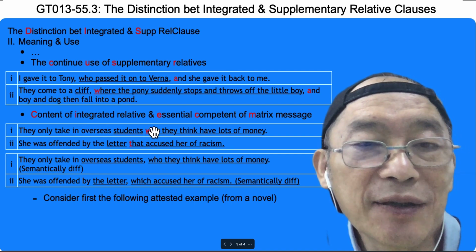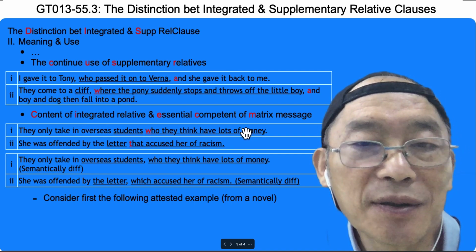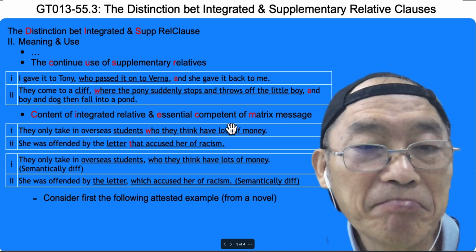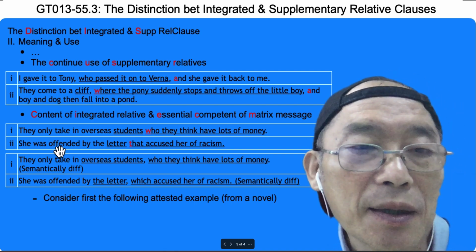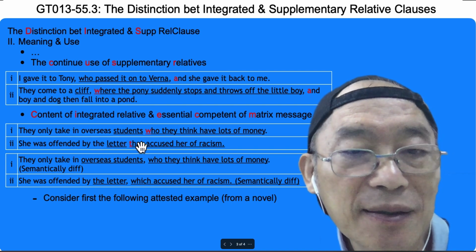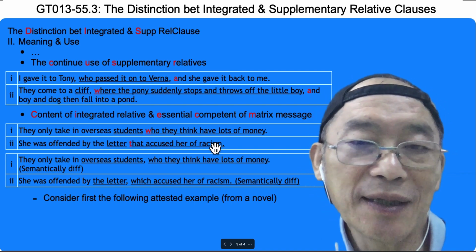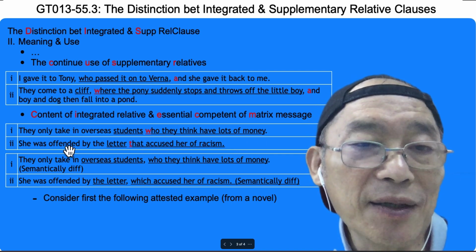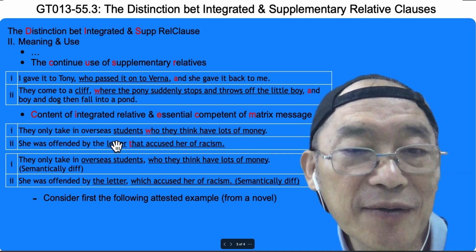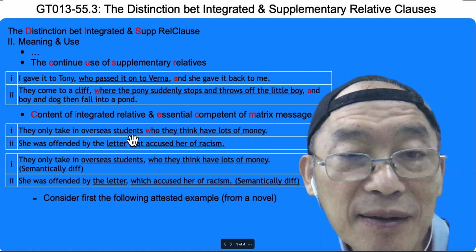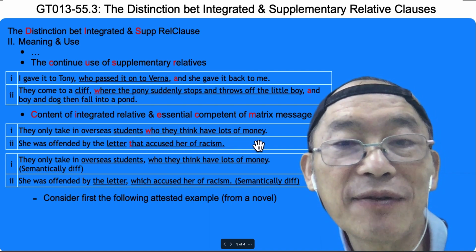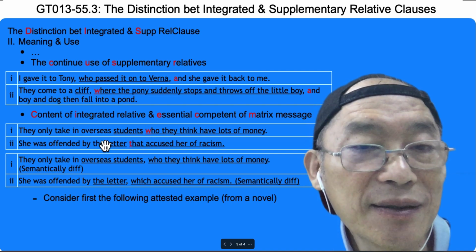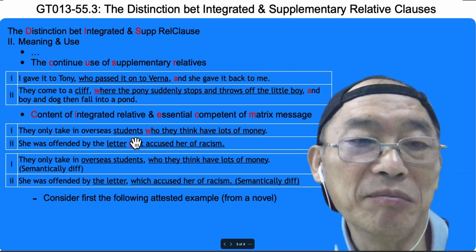The content of an integrated relative is an essential component of the matrix message. Let's check. They only take in the overseas students who they think have lots of money. That means rich students, overseas rich students.